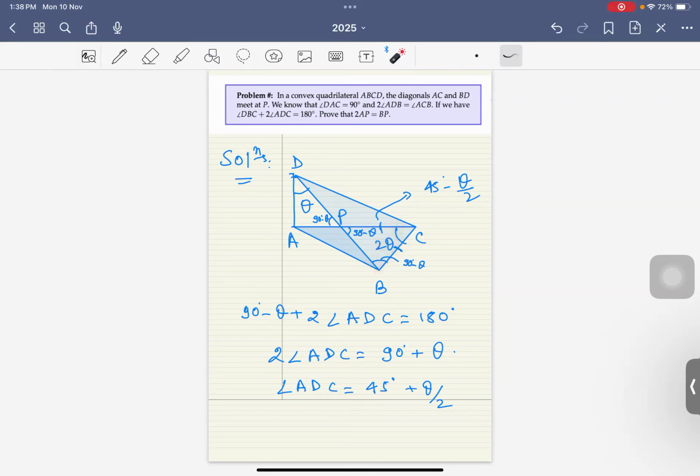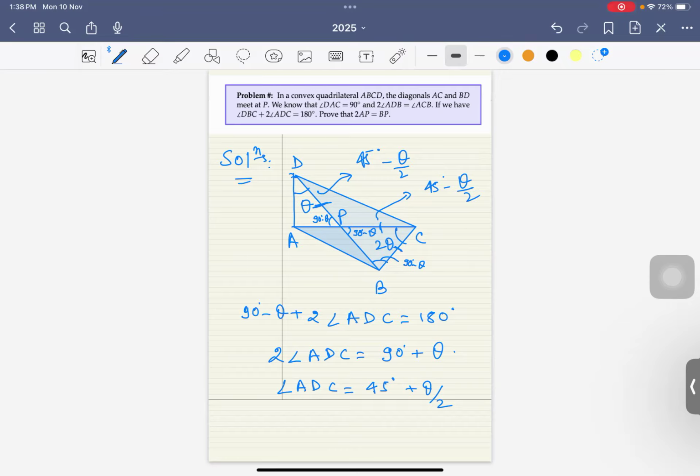So this angle adds up to 135 degrees plus theta by 2. For these three to sum to 180 degrees, this angle must be 45 degrees minus theta by 2. And that tells you that these sides are equal, because these angles are the same.